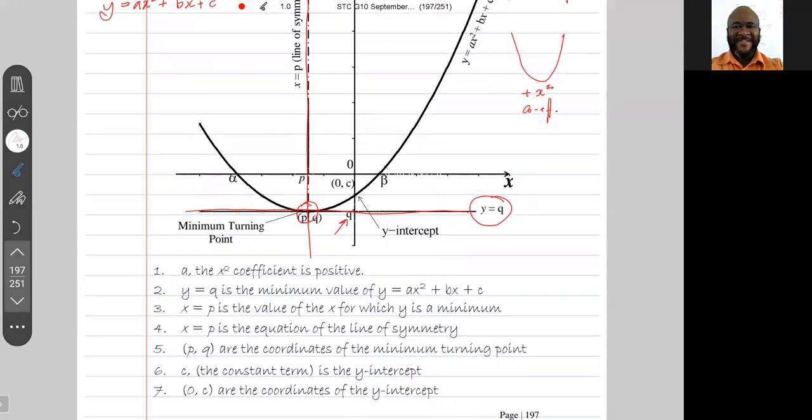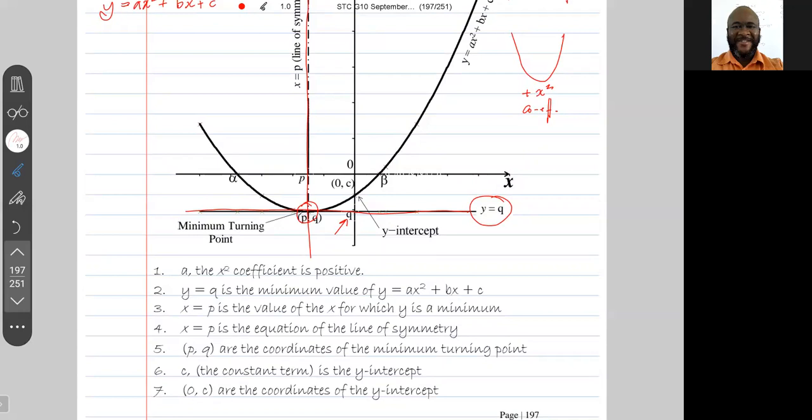Guys, the vertical line through the turning point is x is equal to P. The horizontal line through the turning point is y is equal to Q. It means, therefore, that P, Q are the coordinates of the minimum turning point.